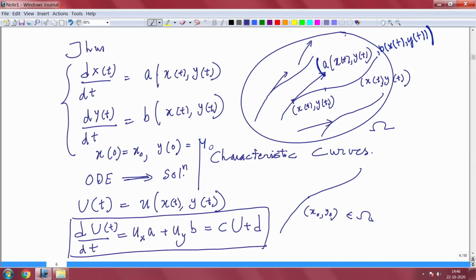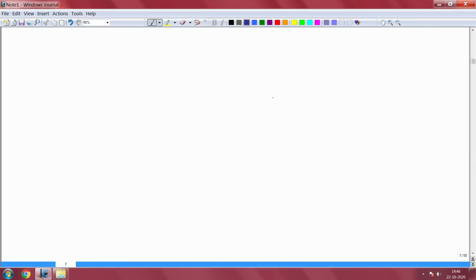So, what is done here? You have your domain omega, on that domain you have your curves, and these curves are obtained by solving a 2 by 2 system.